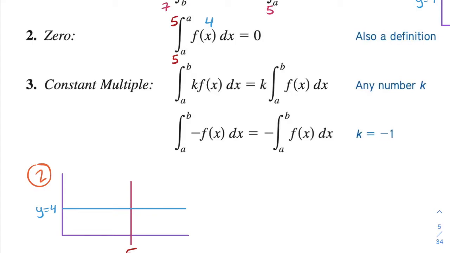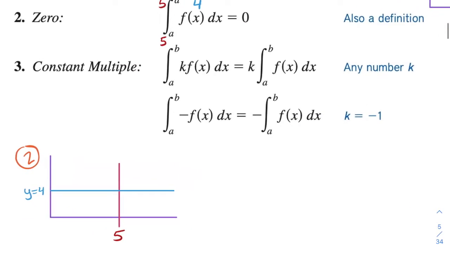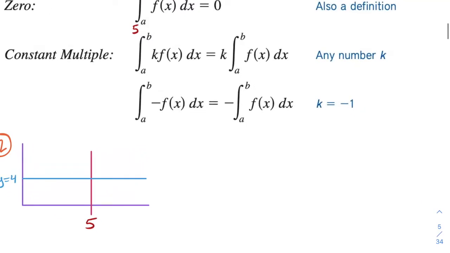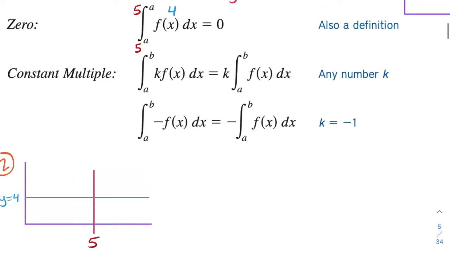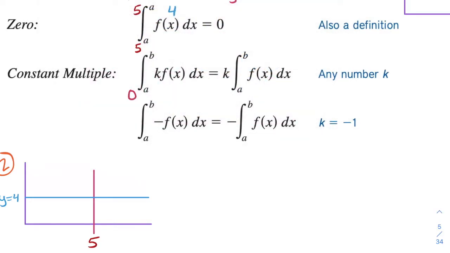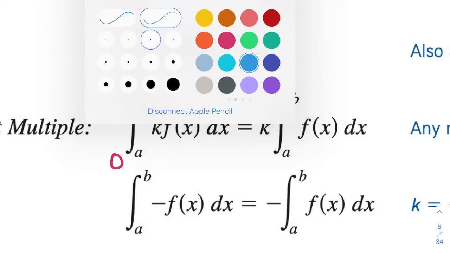Okay? The constant multiple rule allows you to pull a number out front of any equation, as long as it's factorable out of everything. So let's say that I graphed from 0 to 3 of 2x.